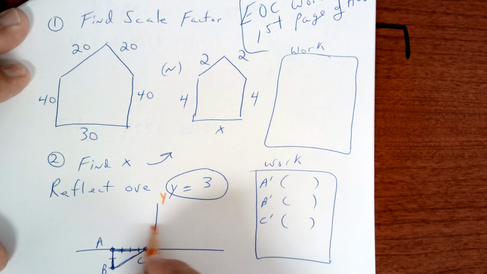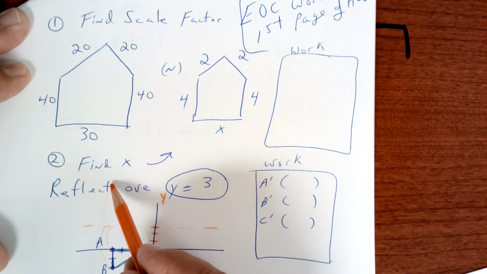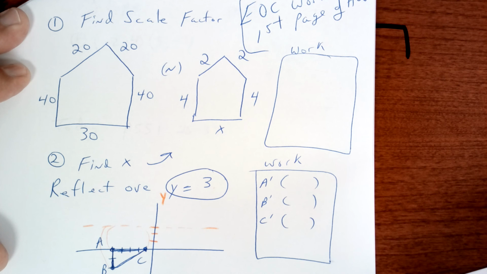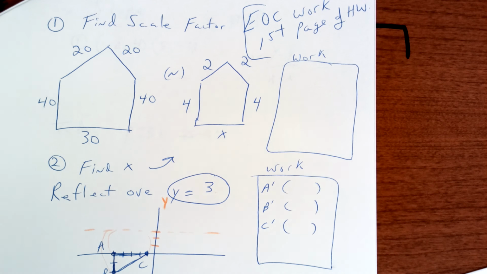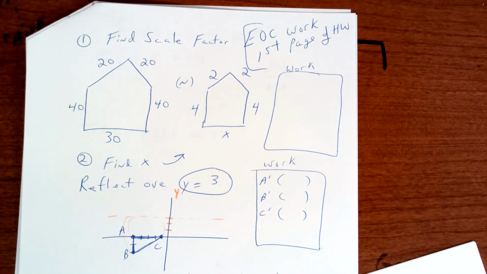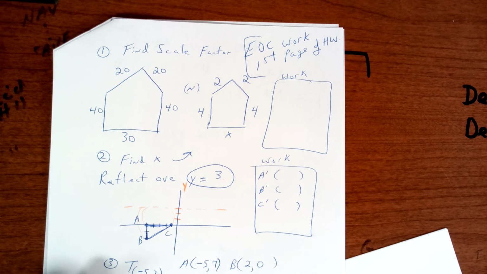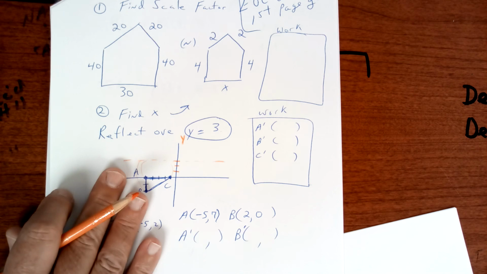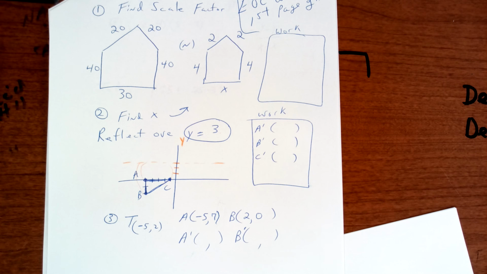So that line should look like this. And then you count from here to here, from here to here, and then from here to here, and then you reflect it over here. All right, and there's actually a third one, so let me make this a little bit smaller so you can get it in. A translation. Okay, so copy all of this down. I will have it on Canvas as well.